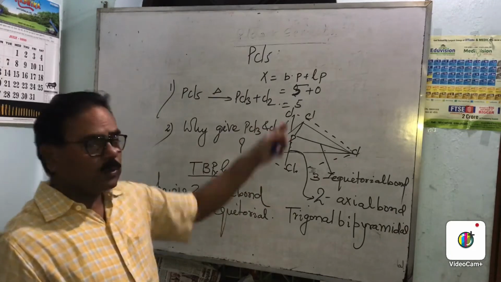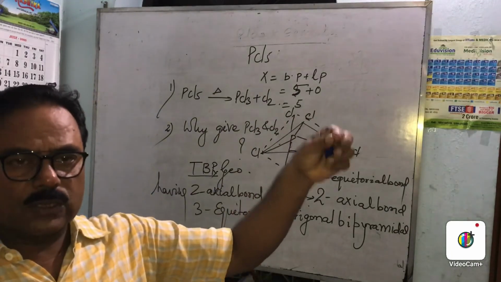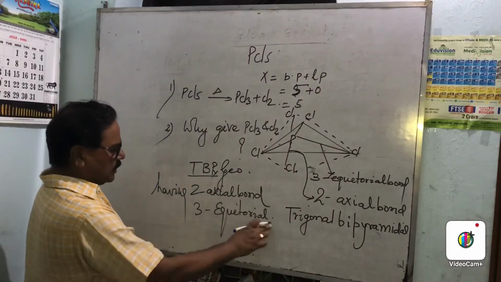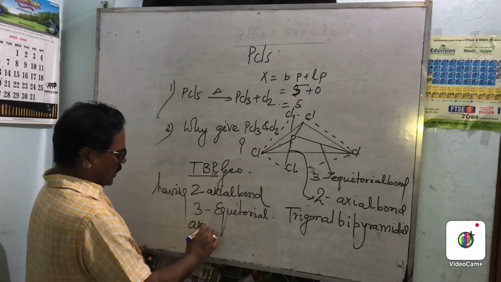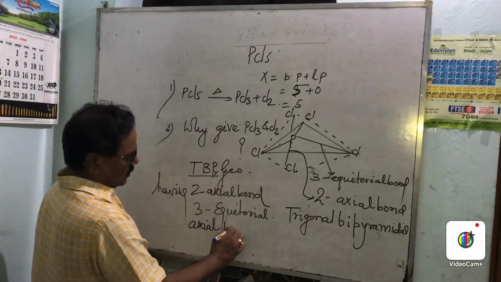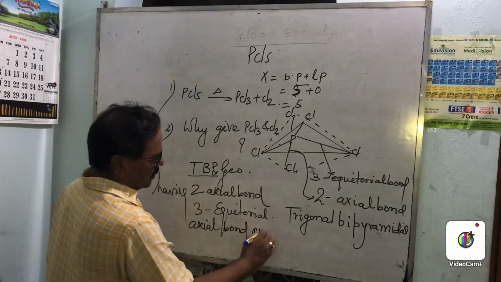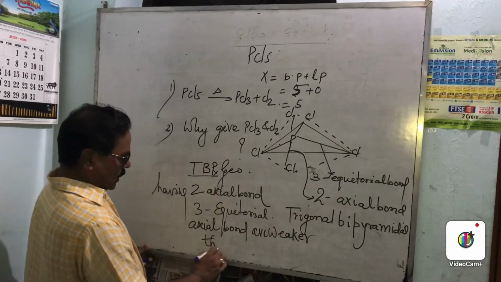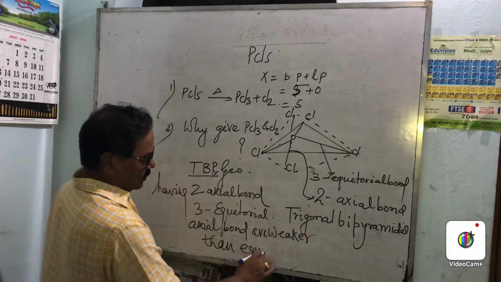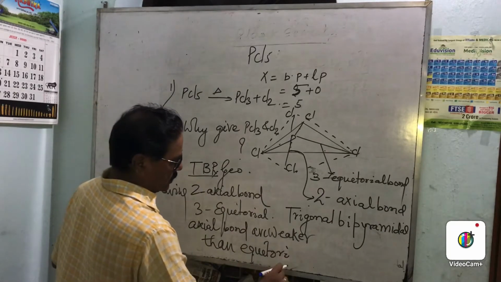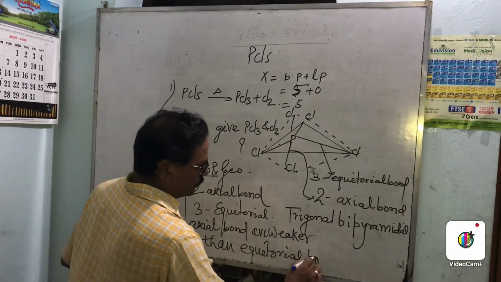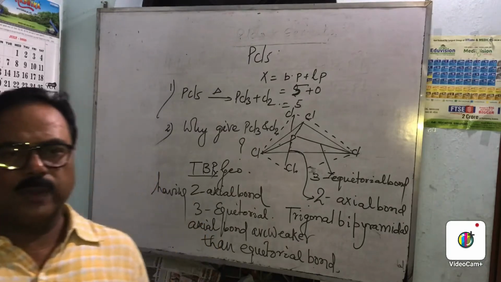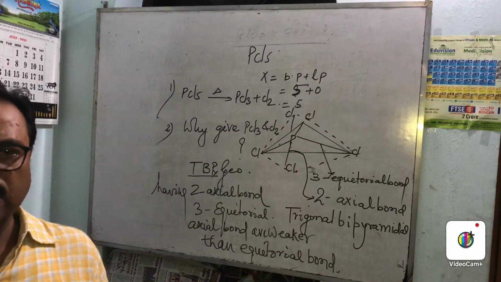We know the axial bond length is larger, so this bond will be weaker. Of the 2 axial bonds and 3 equatorial bonds, axial bonds are weaker than equatorial bonds. That's why when it is heated and decomposed, it will give PCl3 and Cl2.